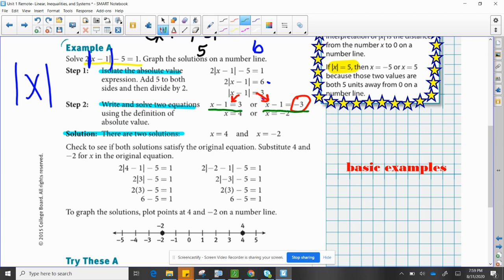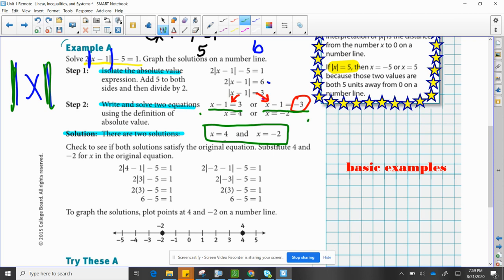It's just one's equal to +3, one's equal to -3. So then when I solve for x and add 1 and add 1, we get two answers here, +4 and -2. Okay, so again, absolute value has two bars. We're going to make two equations and get two answers.